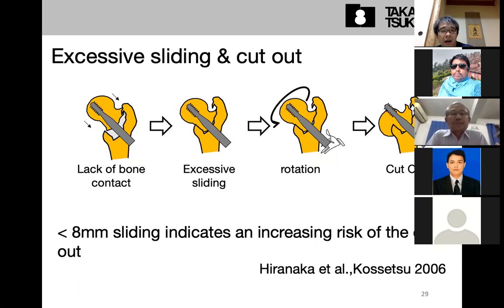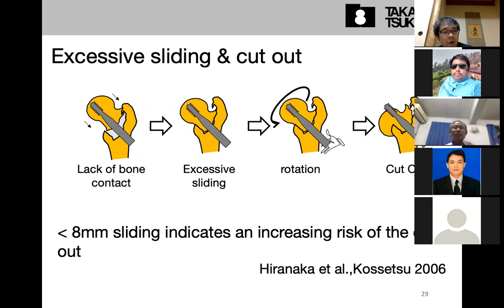So I indicated that more than 8 millimeter sliding indicates an increasing risk of cutout. Just after the operation and 1 week after the operation, compare the location of the lag screw and calculate the sliding length of the lag screw.